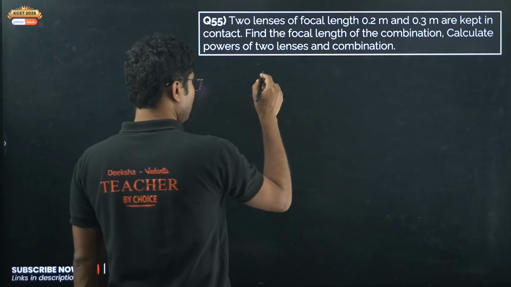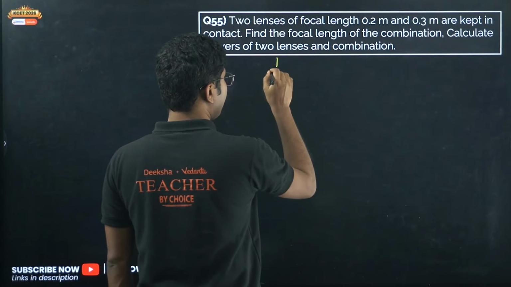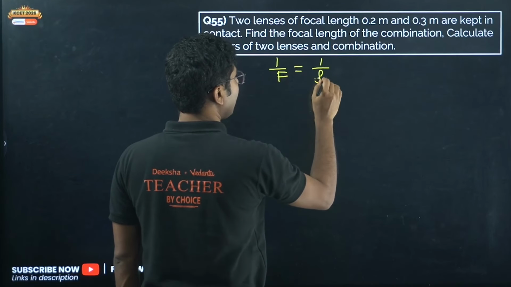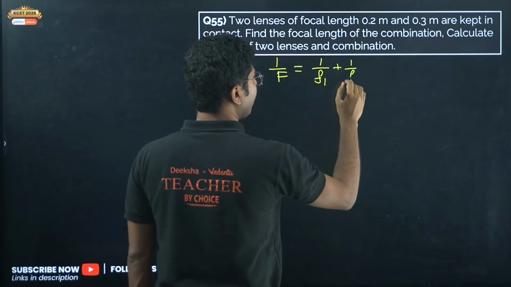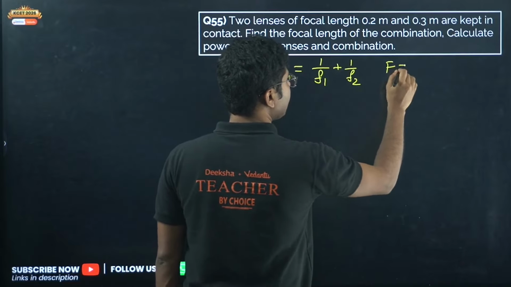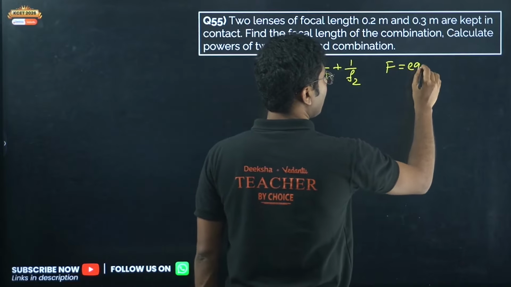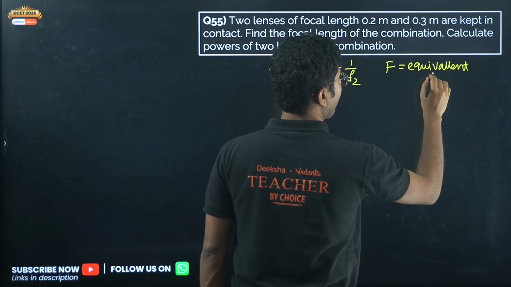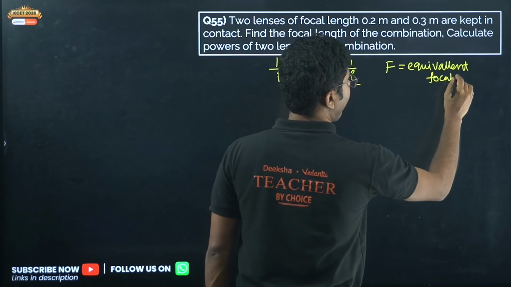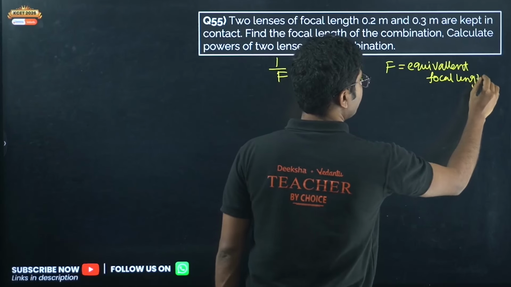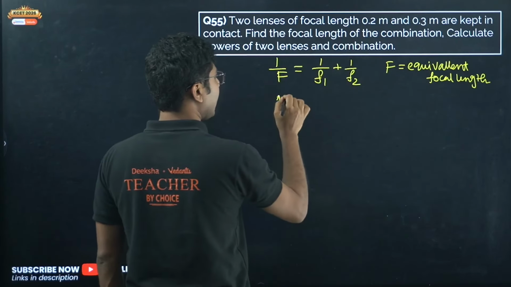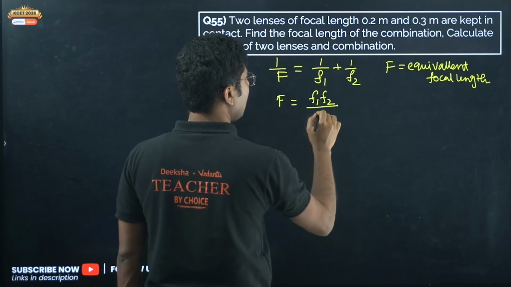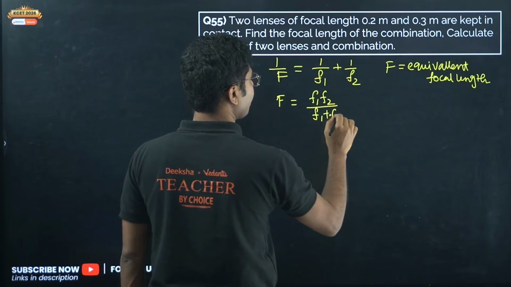When two lenses are kept in contact, their equivalent focal length is given by 1 by f equals 1 by f1 plus 1 by f2, where f is the equivalent focal length. So from here you can write f equals f1 f2 by f1 plus f2.